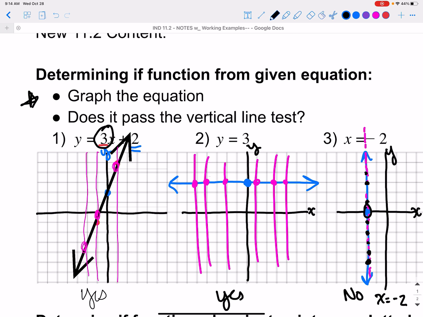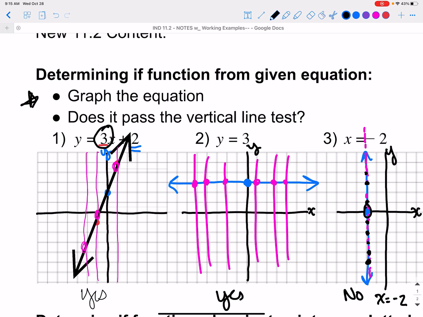An x equals will never pass the vertical line test because x equals whatever is always a vertical line. And a vertical line, just based on its very existence as a vertical line, fails the vertical line test. So linear equations with a slope, always yes. Y equals, always yes. X equals, always no.